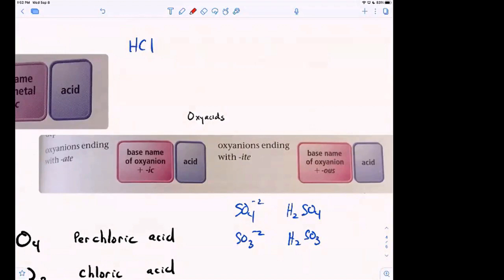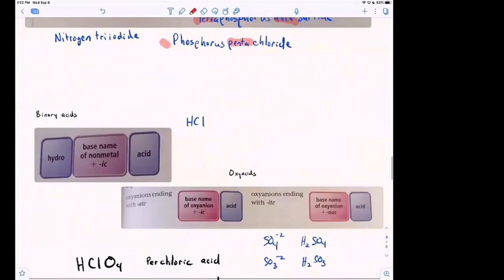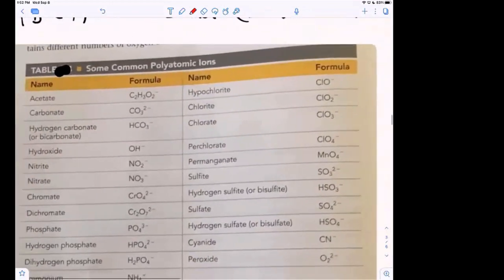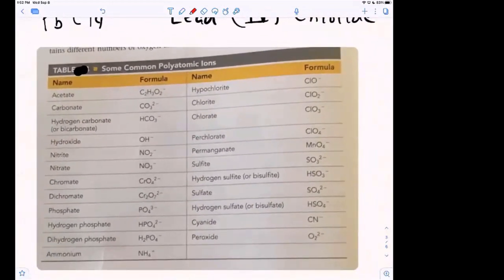And if you have an oxyanion that ends with ate, you say it's ic acid, and if it's ite, you use ous acid at the end. So how do you remember the names? There isn't really a good convention for how you name things. The answer is up here, you have these polyatomic ions. You can see chromate, dichromate, and things like that.